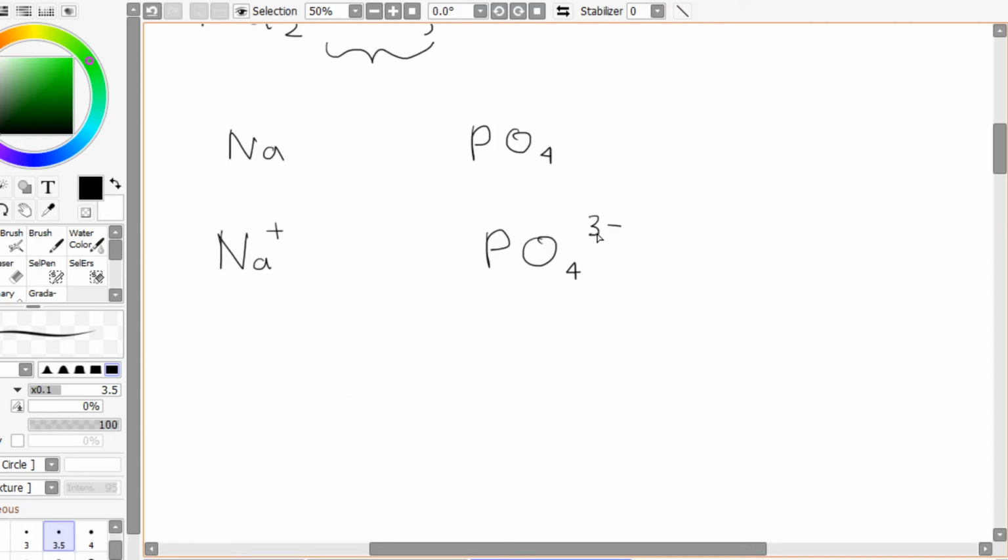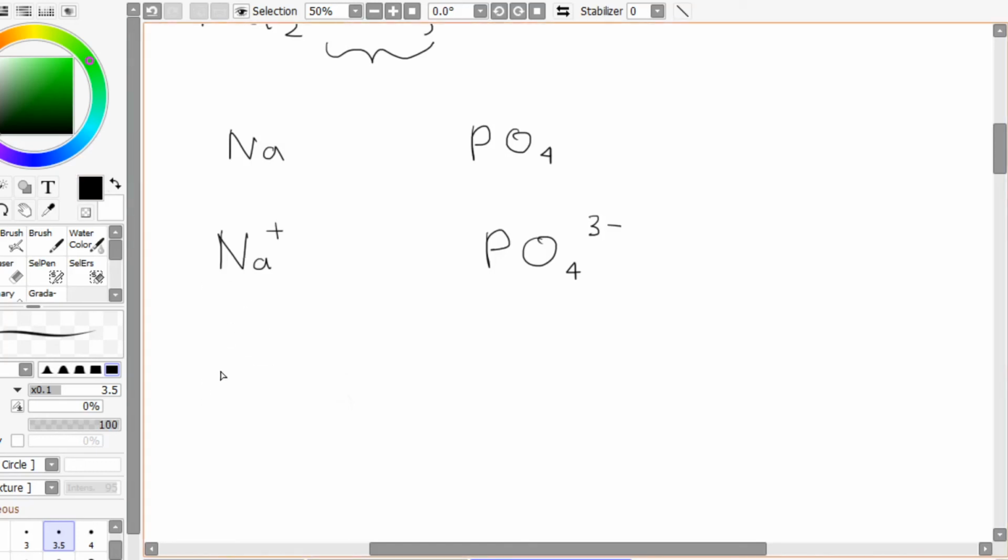Now, to find how many sodiums versus how many phosphates are needed to have an overall 0 charge, we can see the same way as before with any ionic compound. The main rule is that the final compound has to have a 0 charge.